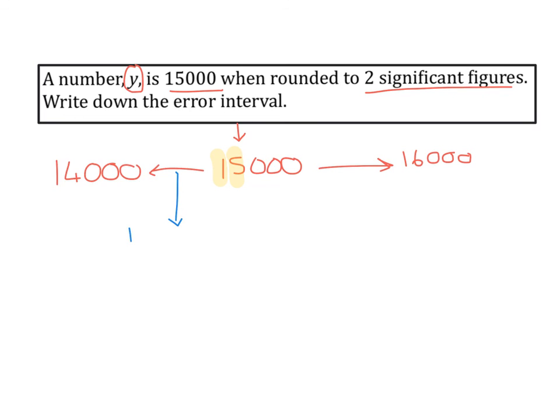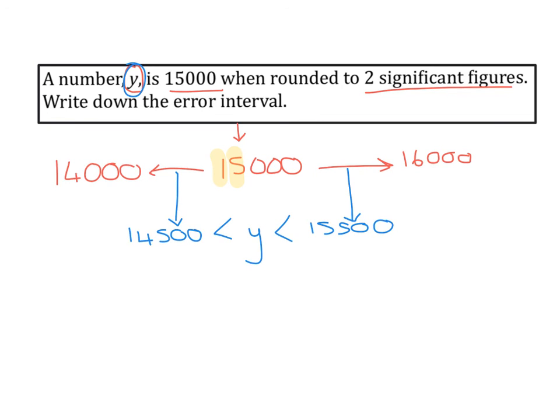Bang in the middle, it's 14,500. And at what point do I stop rounding to 15,000 and start rounding to 16,000? Again, bang in the middle, 15,500.